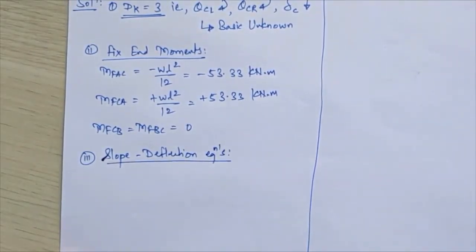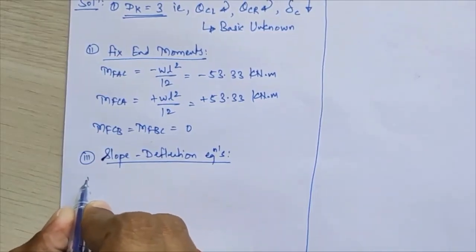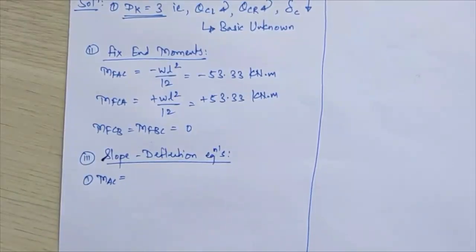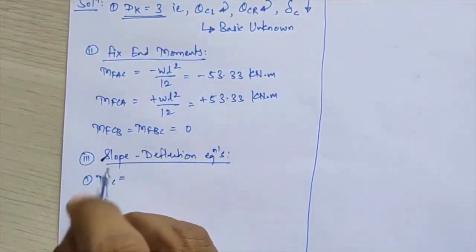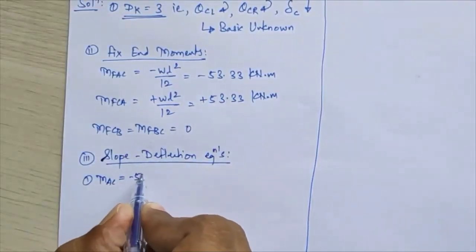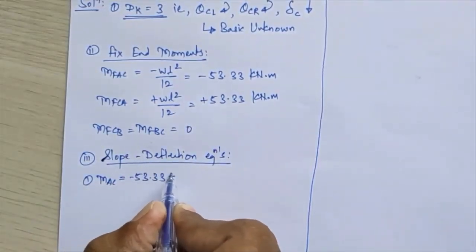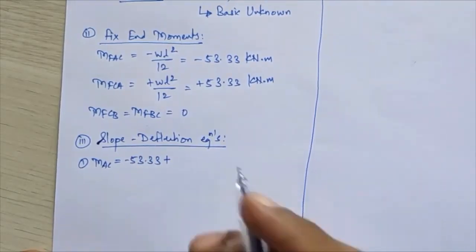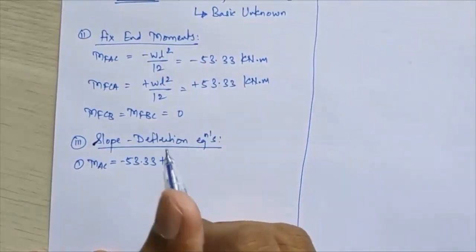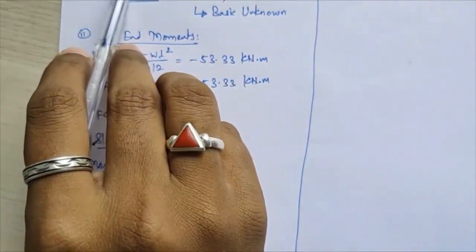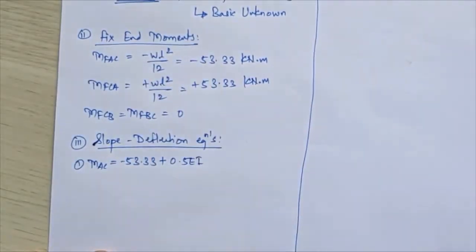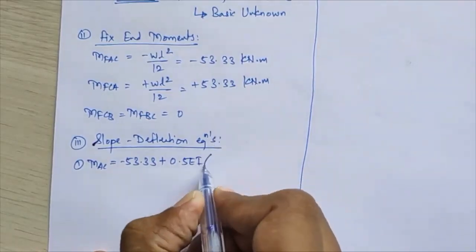Slope deflection equation. So the first equation will be for your member AC. For member AC, that is MAC, it is going to be minus 53.33 plus 2EI upon L, that is 2 by 4, which gives 0.5 EI into bracket.